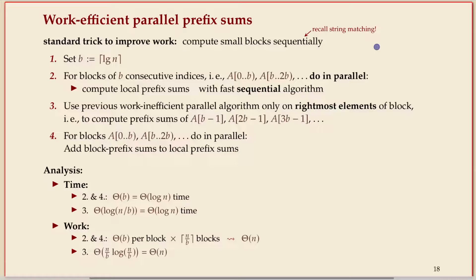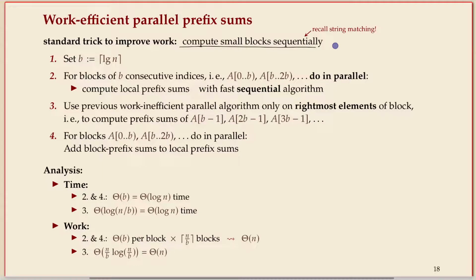And that's, again, before we dive into the details, I know it's a wall of text. I should have split that up. The key thing is that this is a template that works more generally. If you have an algorithm that's good in terms of parallel time, but not work efficient, try to find a way to break the problem into blocks where you can use an efficient sequential algorithm on small pieces, and then on the aggregate results, use your work inefficient parallel algorithm.